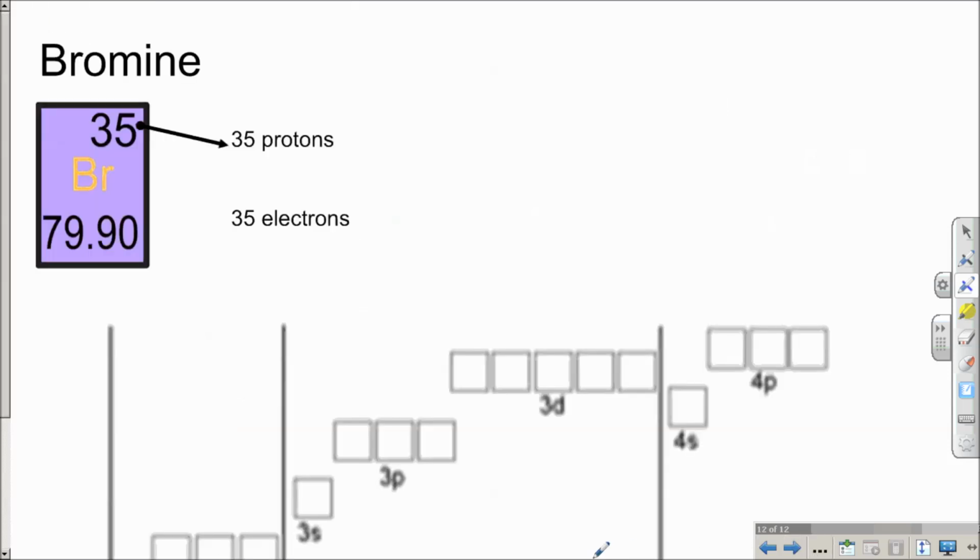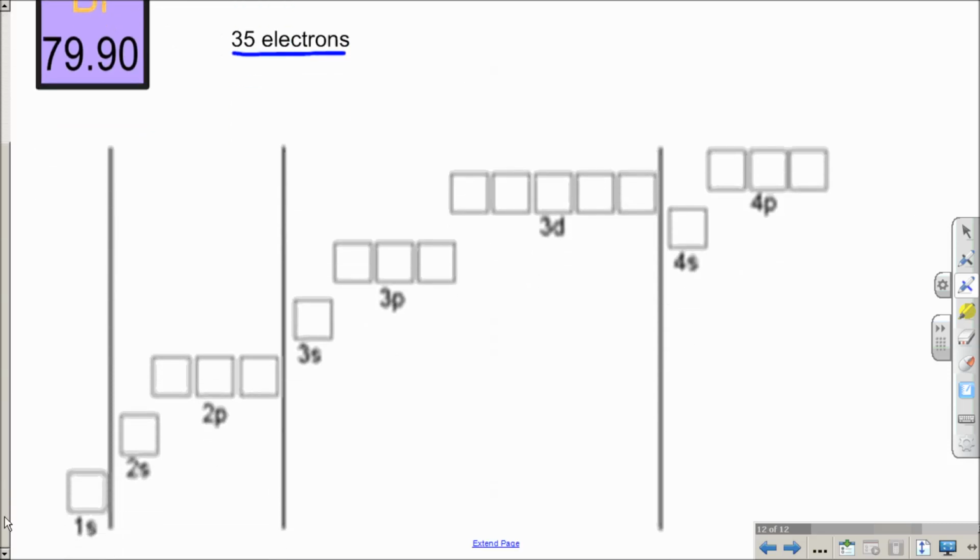All right, and last one here is bromine. It has 35 protons and therefore 35 electrons. So this is going to be a big one. 1, 2, 3, 4, 5, 6, 7, 8, 9, 10, 11, 12, 13, 14, 15, 16, 17, 18.